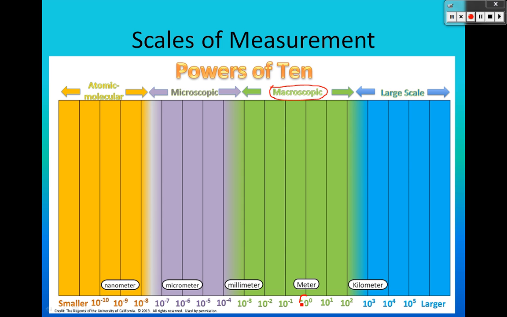So that would be 10 to the 0. So this is a meter. Here would be a decimeter, that's 1/10 of a meter. A centimeter is right here. A lot of you are familiar with centimeters. Put in a little cm here. That's 1/100th of a meter.